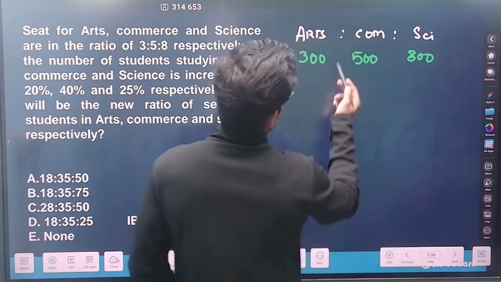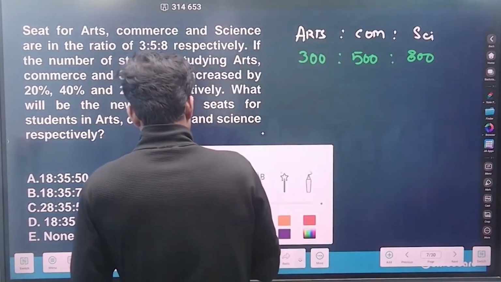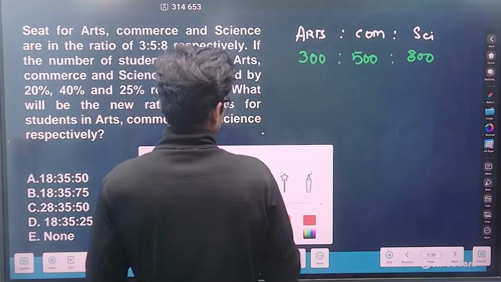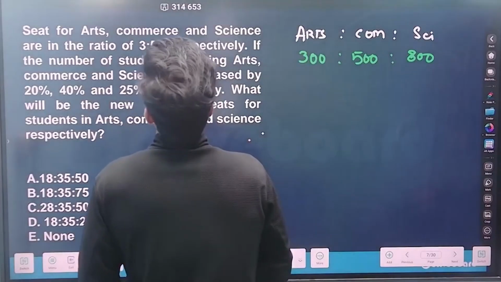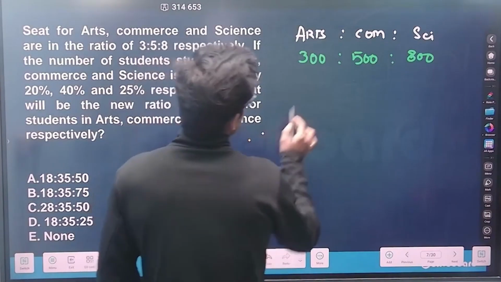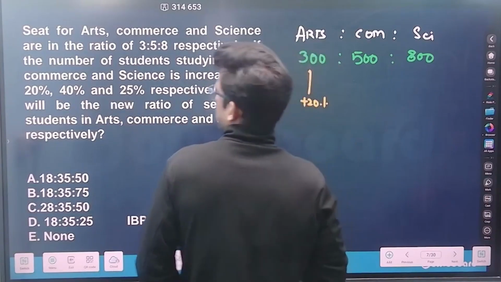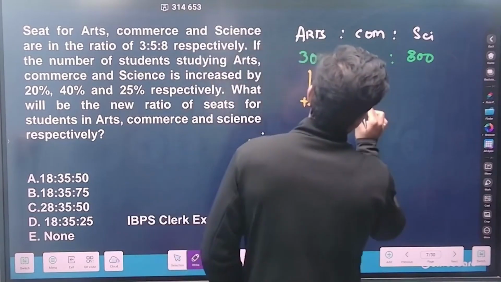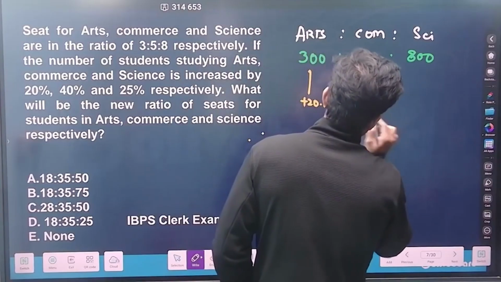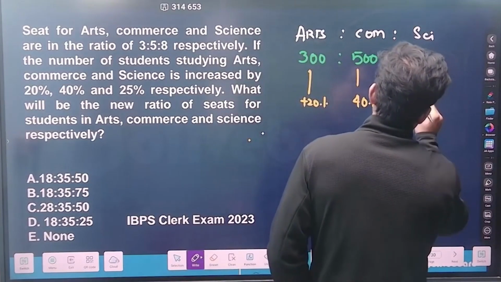Now you will see the logic. They are getting increased by 20%, this by 40%, and this by 25%.